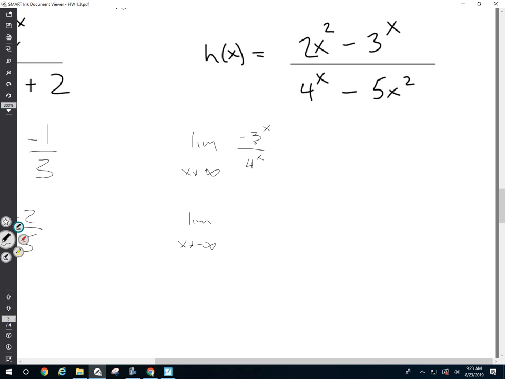Now, careful. This is not negative 3/4. 3 to the x is a different type of growth than 4 to the x. 4 to the x grows faster than 3 to the x.